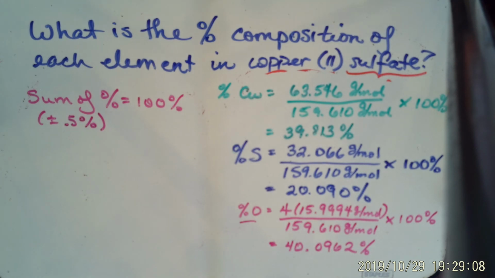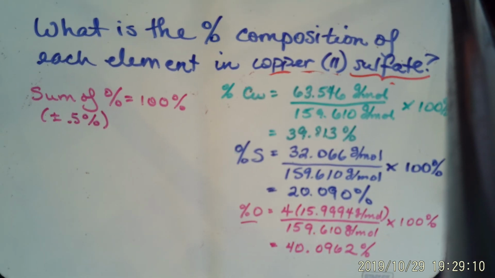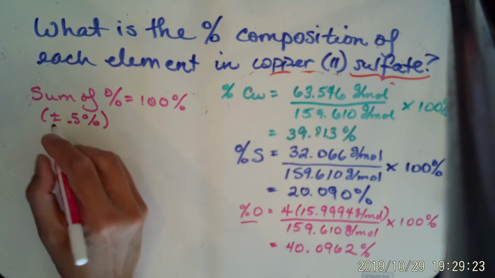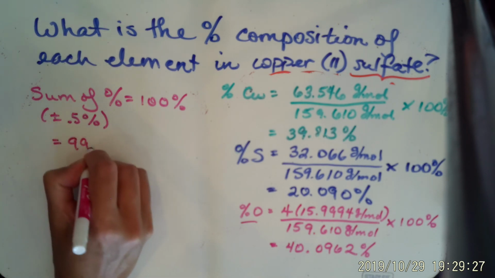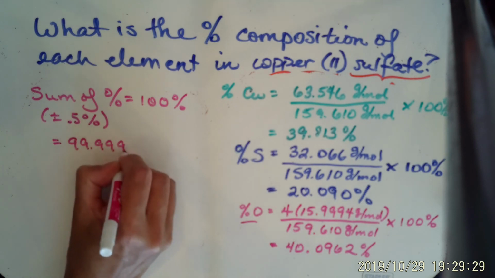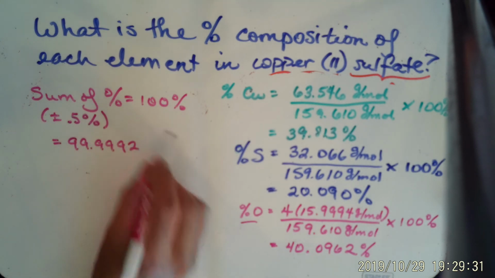Okay, so let's add it together. The 39.813 plus 20.090 plus the 40.0962. So the sum is equal to 99.9992%.